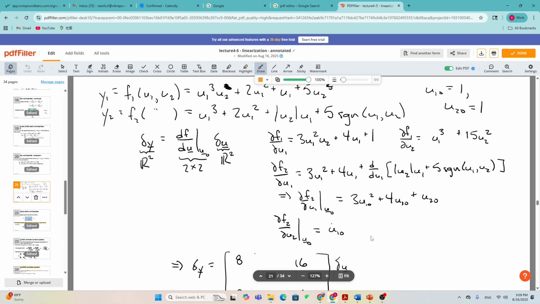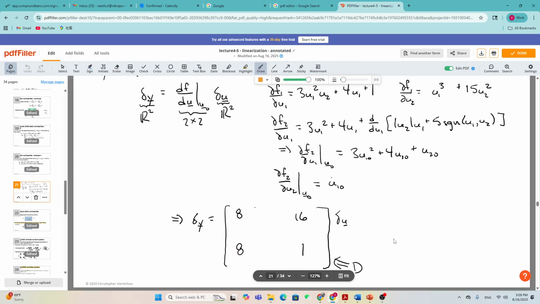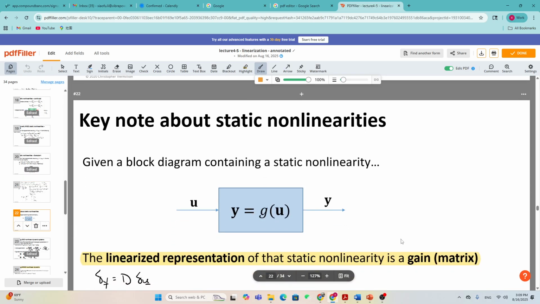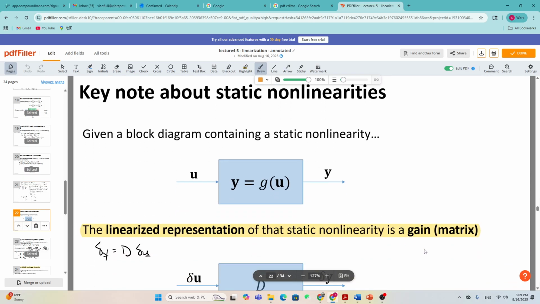Looking at everything here, this is just for static nonlinearities. Though it's multi-input, multi-output, it's still not complex enough. A lot of static systems exist. Take Ohm's law, for example: voltage and current through a resistor are in a linear relationship.